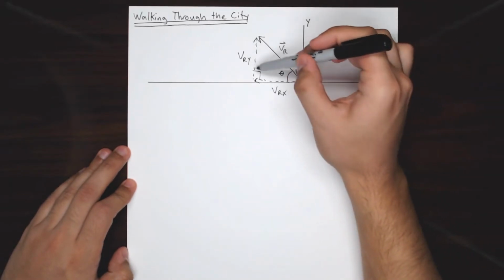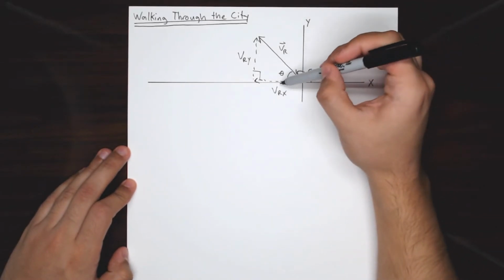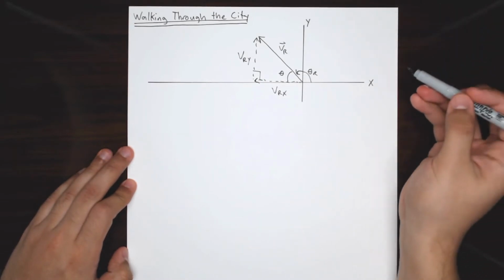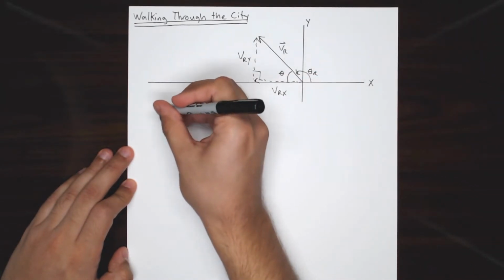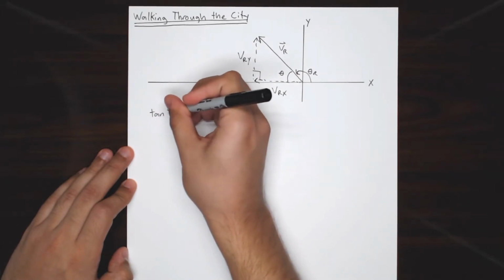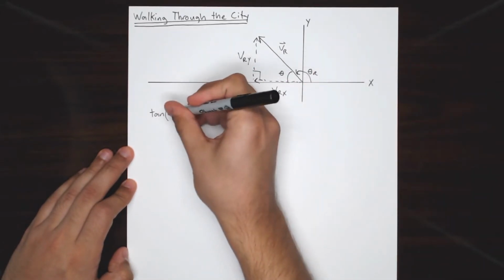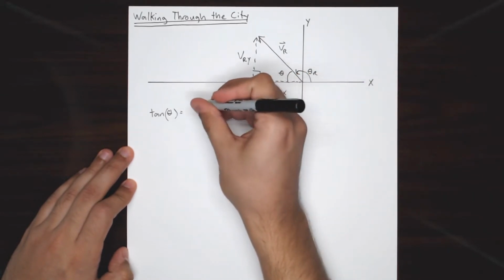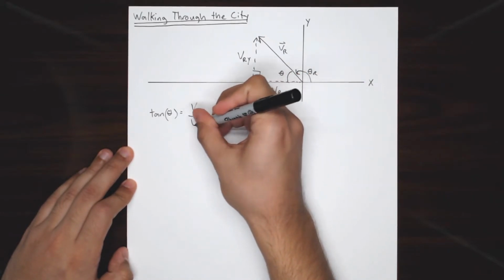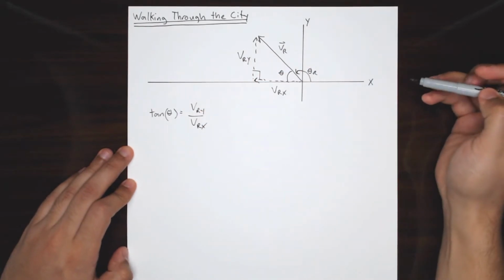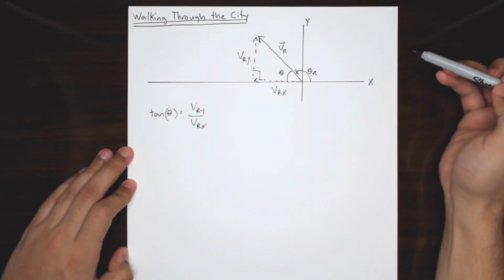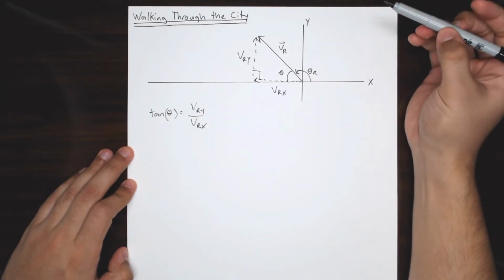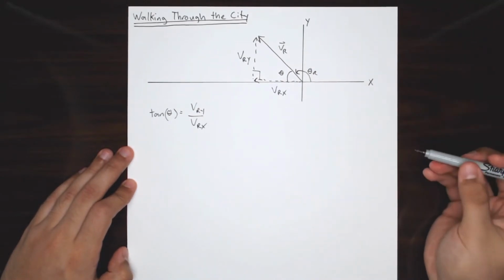So we now remember our right triangle trigonometry, forgetting about the fact that these are actually vectors. These are essentially line segments making up the sides of a triangle. So we can go to the definition of the tangent function for this right triangle. The tangent of that interior angle theta is actually going to be equal to VRY over VRX. If you think back to your SOHCAHTOA mnemonic, this is saying we're doing the opposite side over the adjacent side of this triangle.